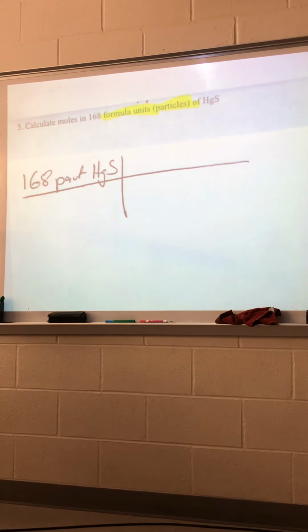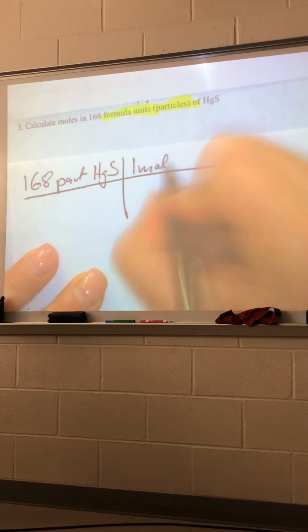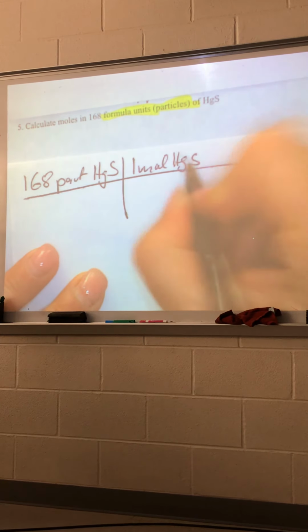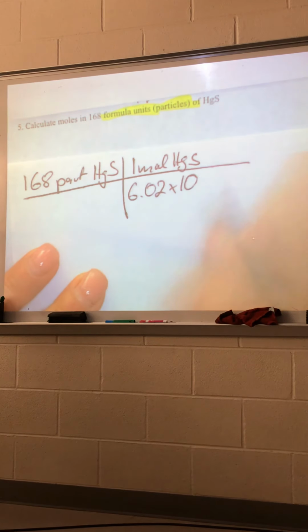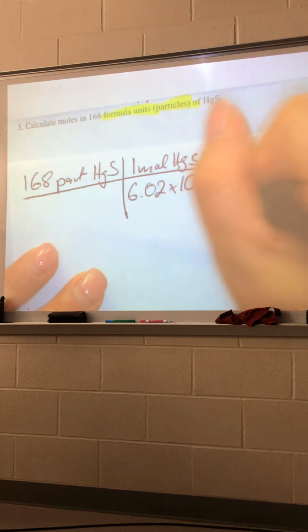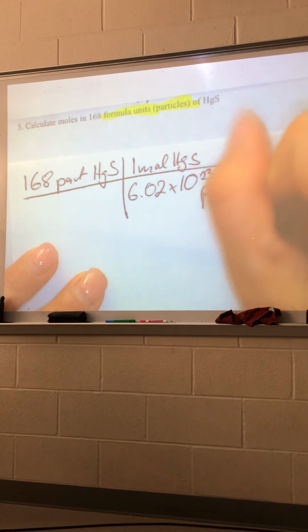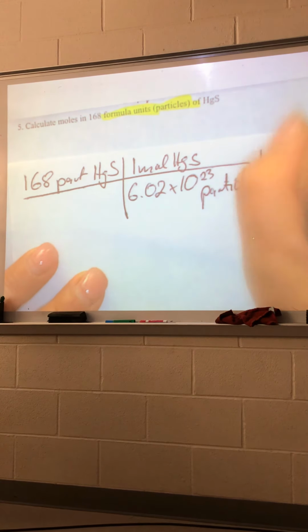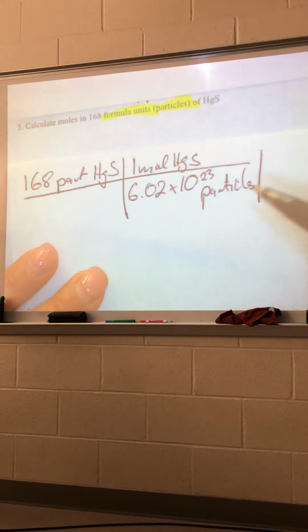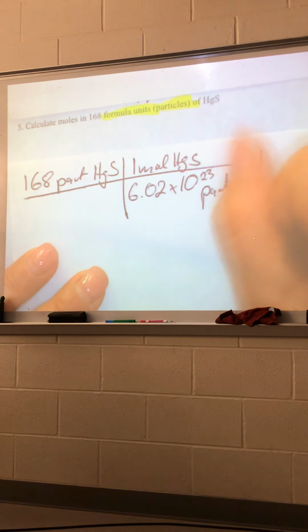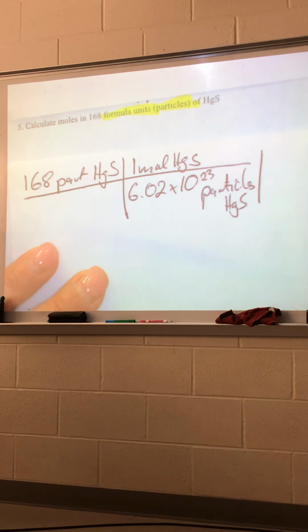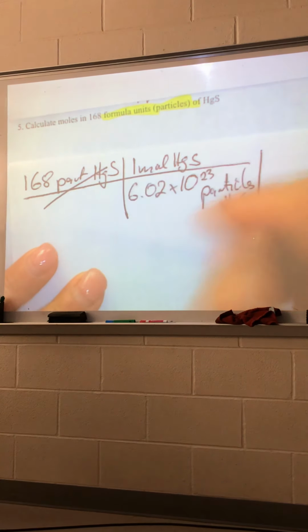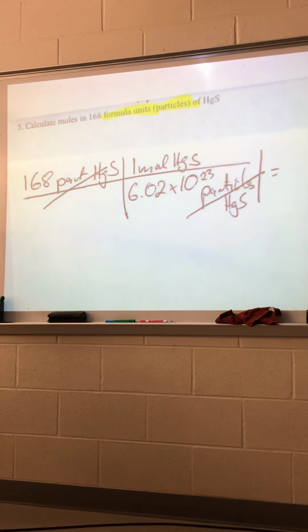Okay, 1 mole is how many particles? 6.02 times 10 to the power of what? 23. 23 particles. That's a constant. Each mole has this many particles. So now I can cancel it here, divide it out, and what is my final answer?